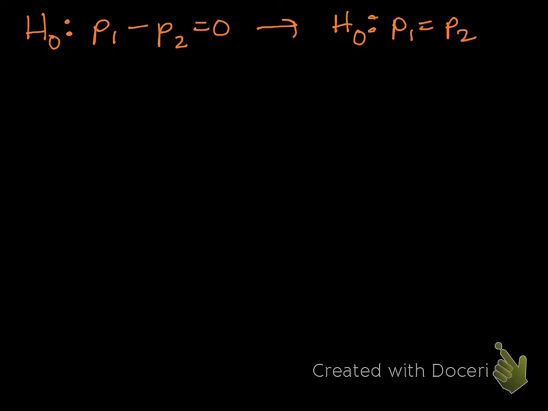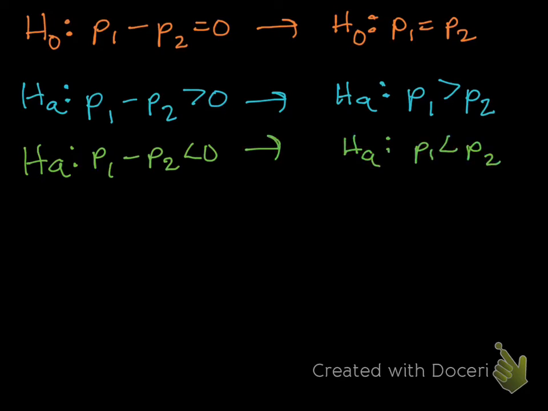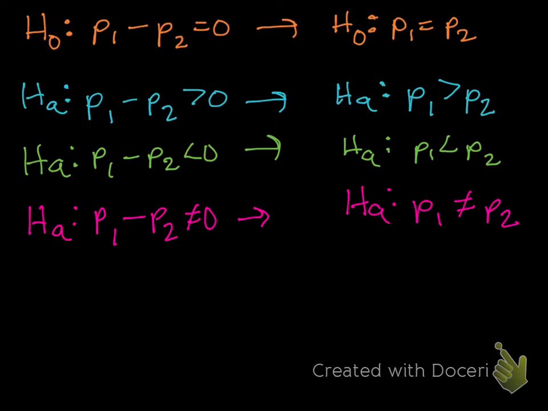My alternatives can be P1 minus P2 is greater than 0, or P1 is greater than P2. My alternative could be P1 minus P2 is less than 0, or P1 is less than P2, or my alternative could be P1 minus P2 is not equal to 0, and another way to write it is P1 is not equal to P2.